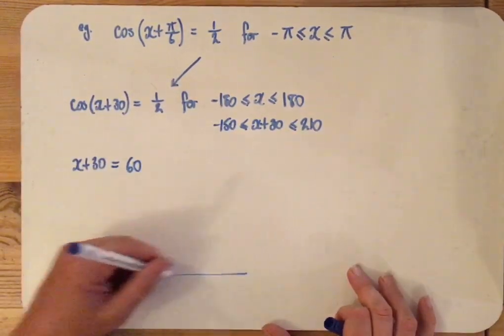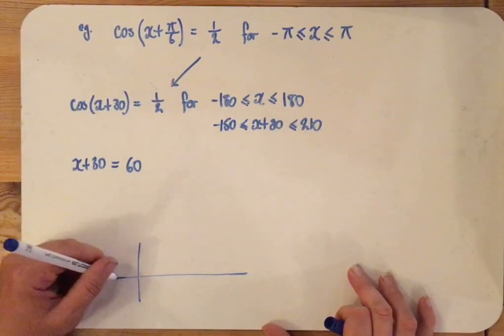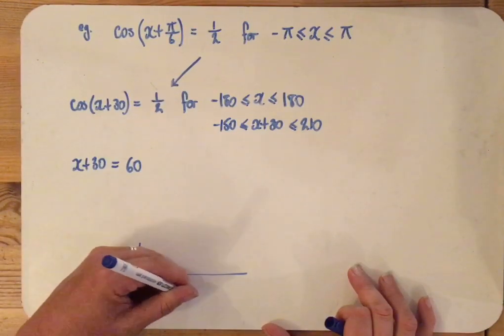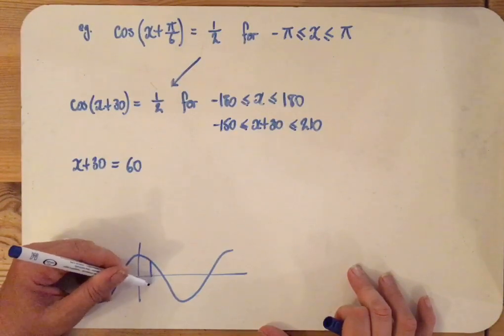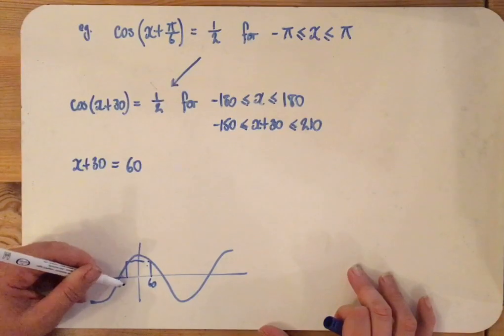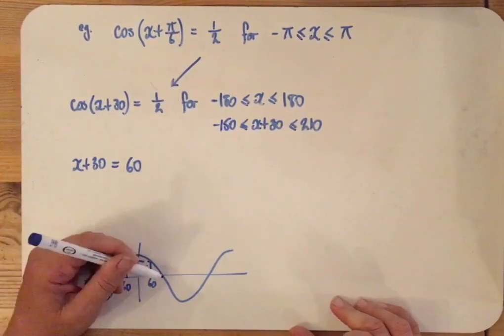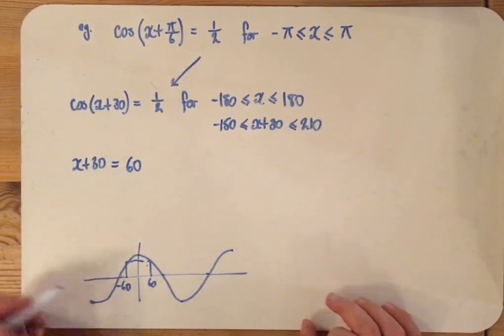Cos curve between minus 150 and 210, so I need to come back a bit on my cos curve. So there's my cos curve. I've got a solution at 60. The other one is going to be at minus 60, and we're looking for 2 unless you're at 1s, 0s or minus 1s, in which case I would just look at the graph.